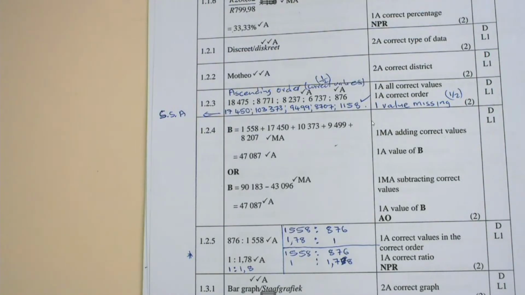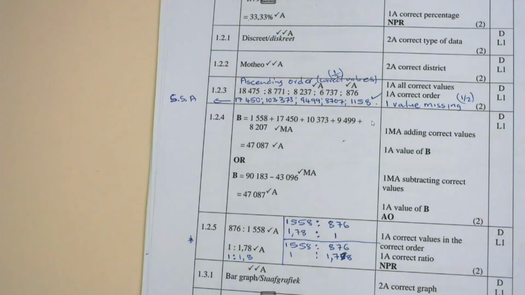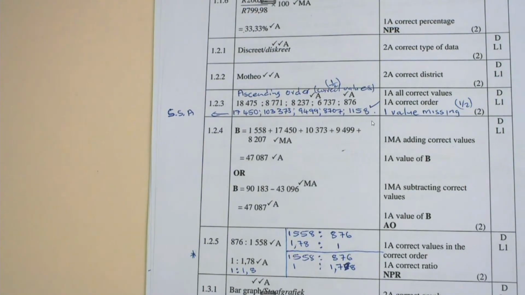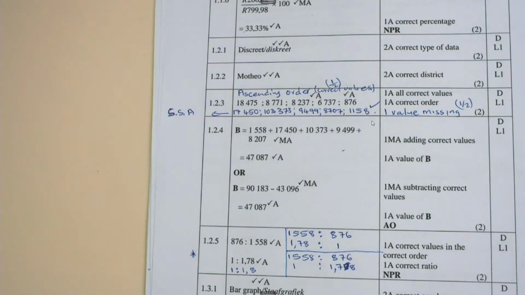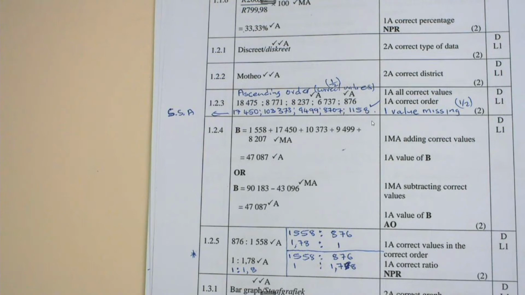The answer to that question will be Motheo. If the learner writes Motheo, it's 2 marks. No other answer. We don't have other options. 2A, correct district. It's 2 marks.